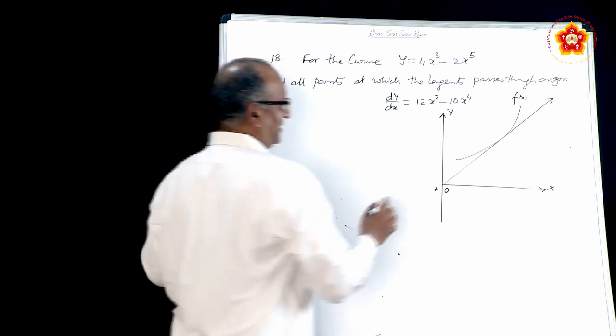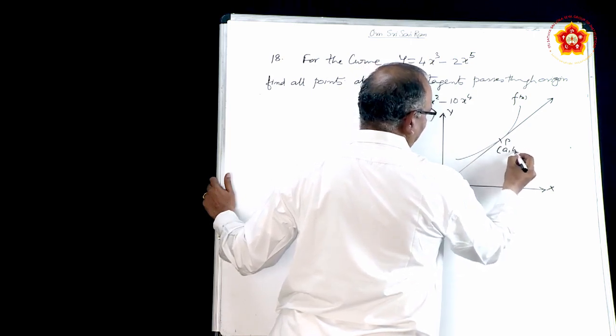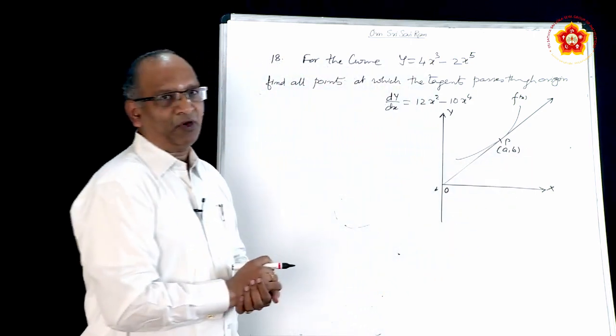Let us say, for our understanding sake, P was the point. You can take anything as coordinates. Let us say A, B are the coordinates of the point.